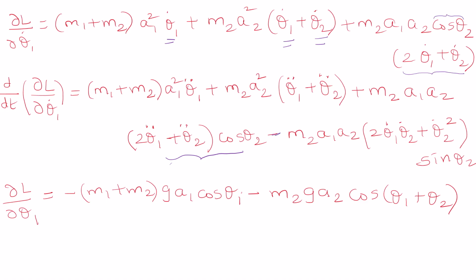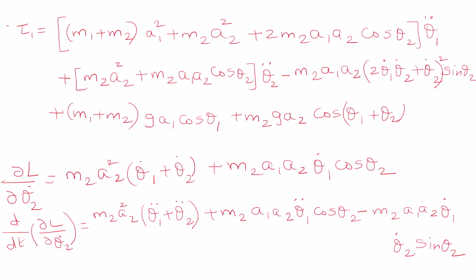So we have now differentiated ∂L/∂θ1 dot with respect to time, right? Then we have to get ∂L/∂θ1. That will be equal to minus of, in the Lagrangian terms, wherever you have this θ1 term, that you will be differentiating. The remaining terms on differentiating will become 0. So ∂L/∂θ1 will be minus of (m1 plus m2) g a1 cos θ1 minus m2 g a2 cos(θ1 plus θ2).